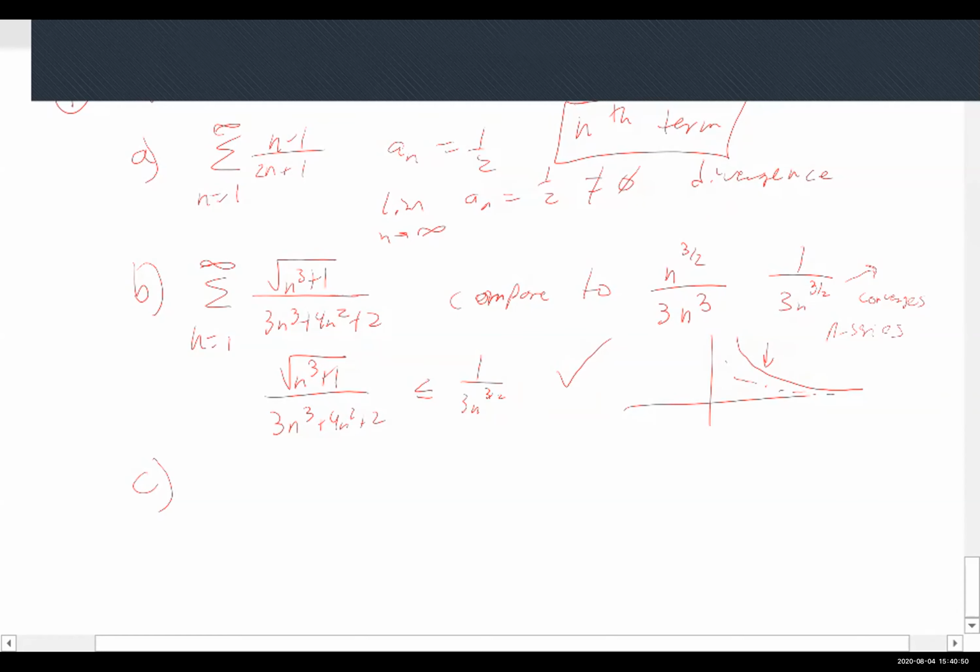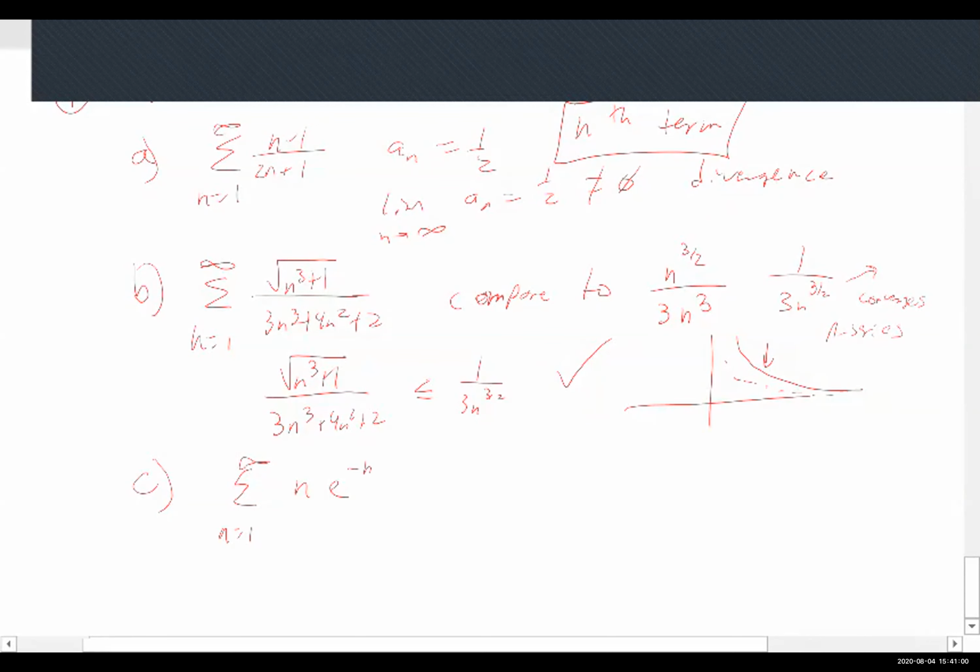Okay, ooh, this one's spicy. The sum from n equals 1 to infinity of n e to the negative n squared. n e to the negative n squared. Okay, any ideas on this one?